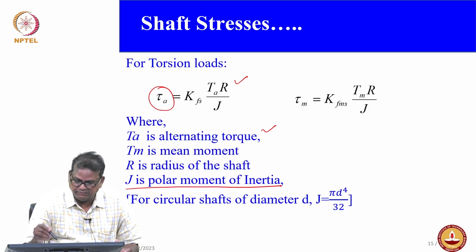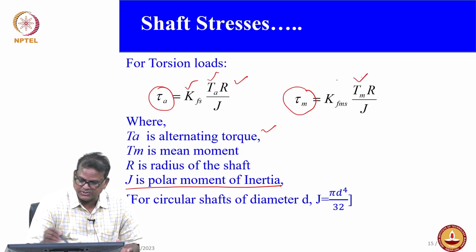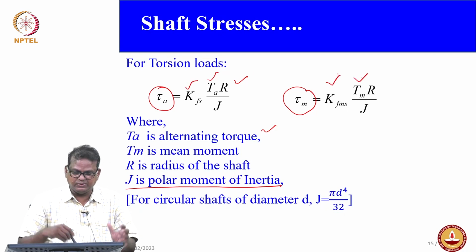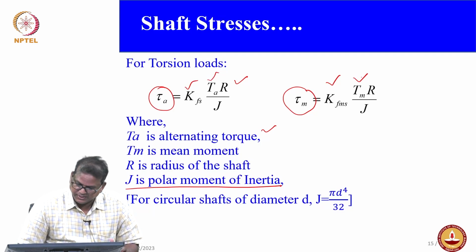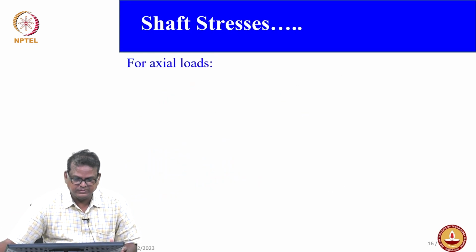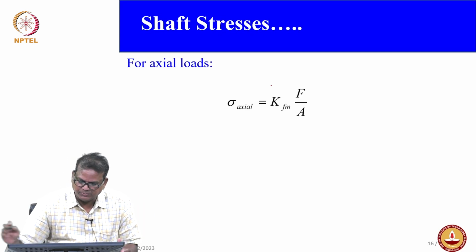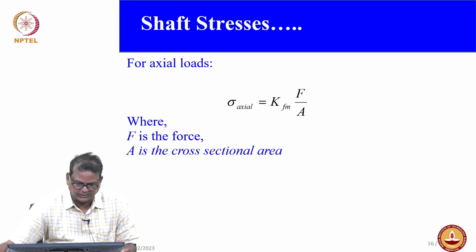Similarly, for the mean shear stress, you will have Tm, the same thing, only replacing with the corresponding torque and stress concentration factor for the alternating as well as the mean aspect. And for axial loads, a very simple equation, force by area with the corresponding stress concentration factor.